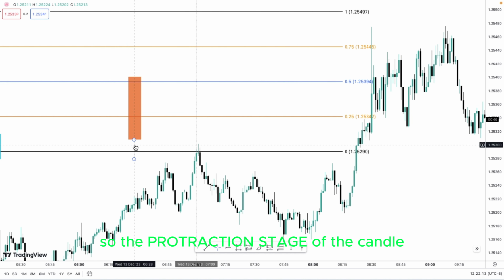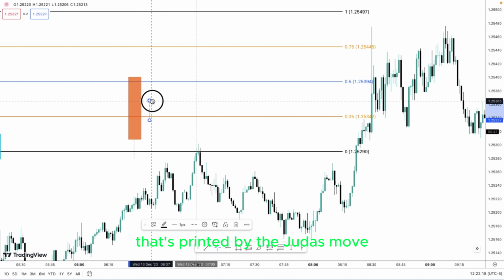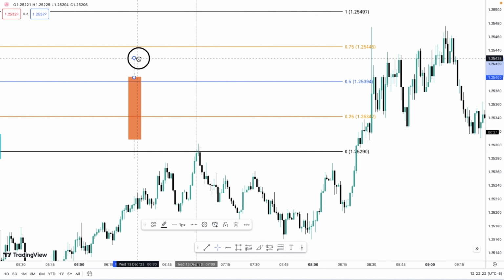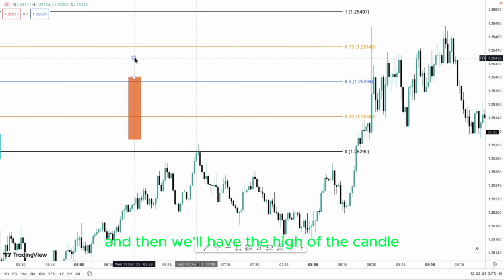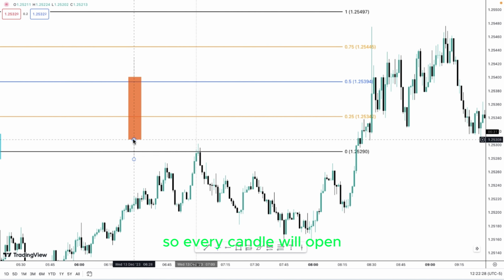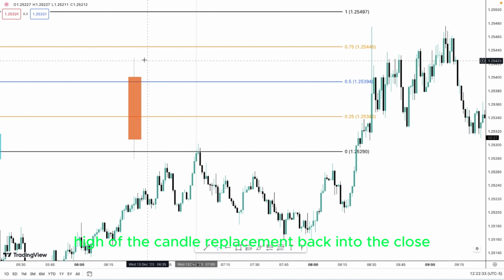So the protraction stage of the candle is printed by the Judas move. And then we'll have the high of the candle, then the retracement into the close. So every candle will open, print the low, dynamic imbalance, high of the candle, retracement back into the close.